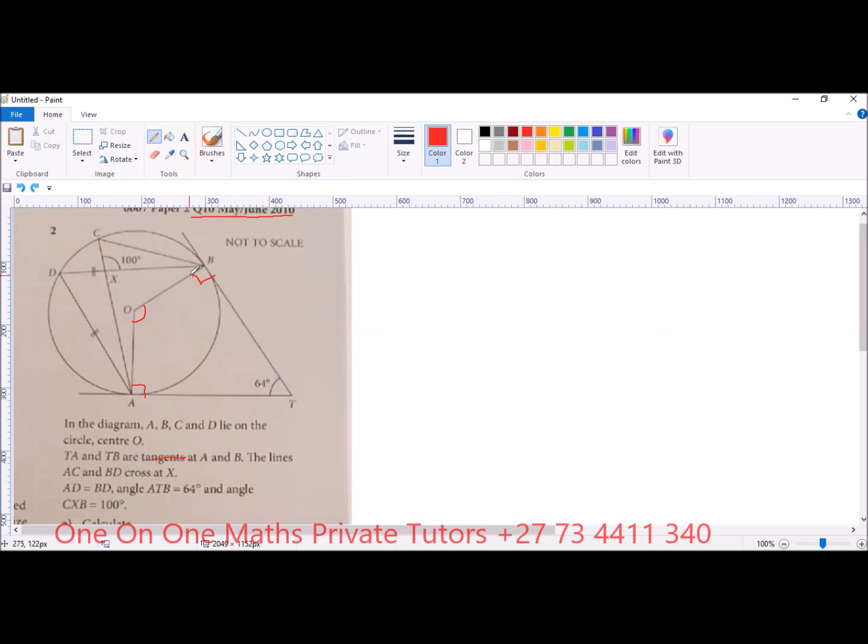We are given 3 angles in a quadrilateral. We have already seen that tangent and radius meet at 90 degrees. So AOB, which is what we want, plus 90 plus 90, which is this 90 and this 90, plus 64 is equal to 360.